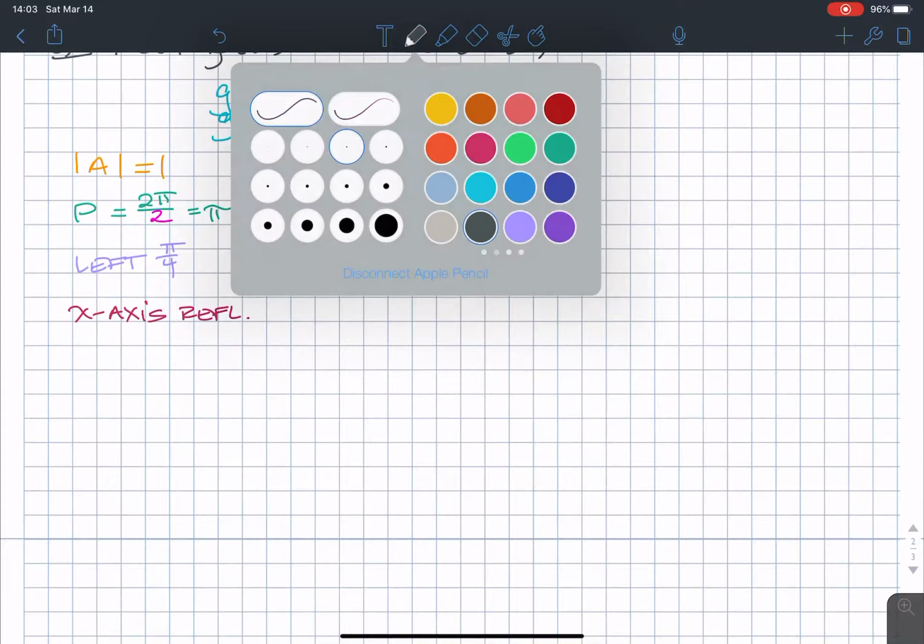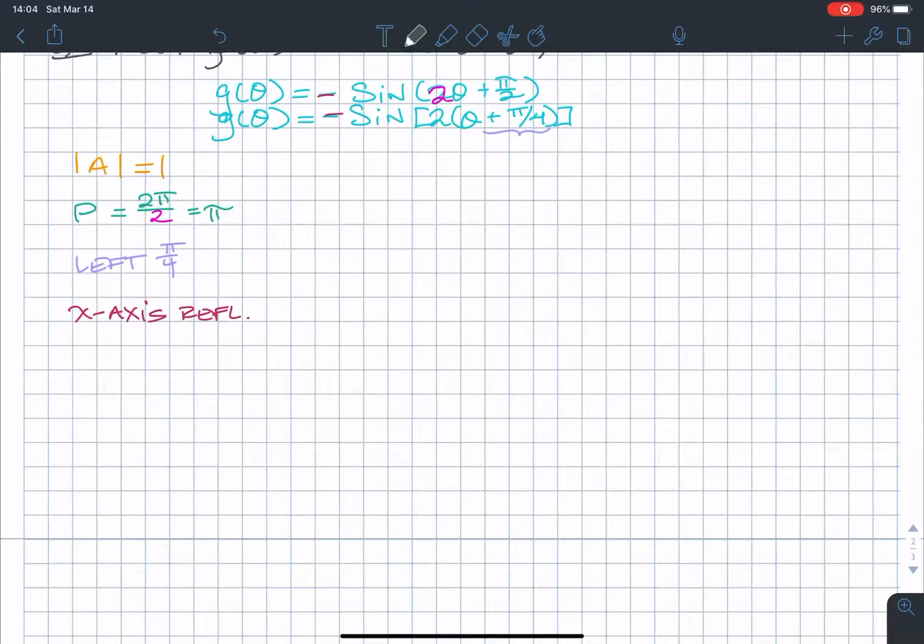So theta versus f of theta, coordinate axes. Do I have enough room here? I hope so. Okay, so theta versus f of theta. Maybe I'll make this a smaller scale than usual.